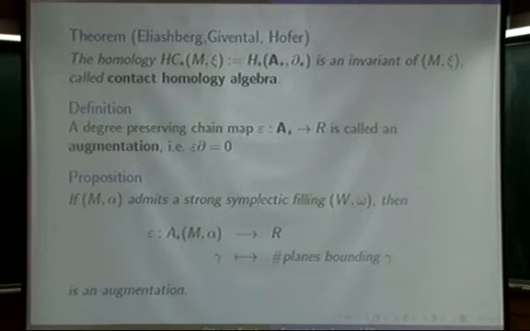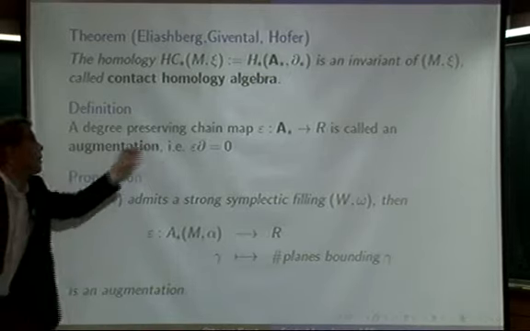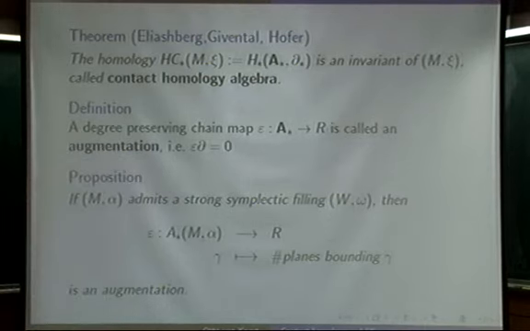However, I'm interested in the question of fillability, and for that it's useful to look at the following notion. Let's look at a degree-preserving chain map from the chain complex of the contact homology algebra to the coefficient ring, say Z, but in general something else. So we have a chain map with this property.